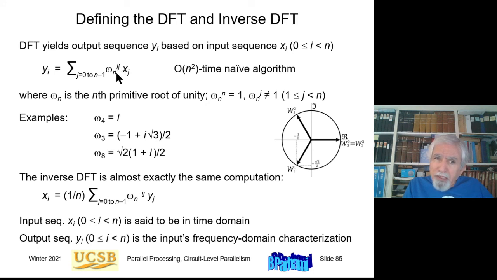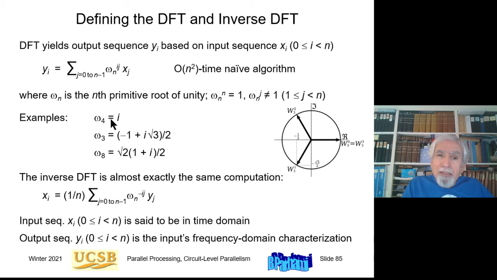So xj is weighted by this value, and the weighted sum of the xj's gives you yi. So each yi, computation of each output, requires n multiplications and n additions to sum these values. So order n computation time for each output, therefore order n squared time for the naive algorithm that basically multiplies and adds.